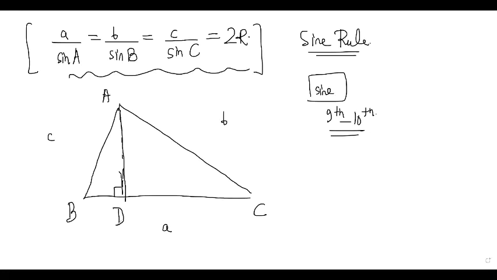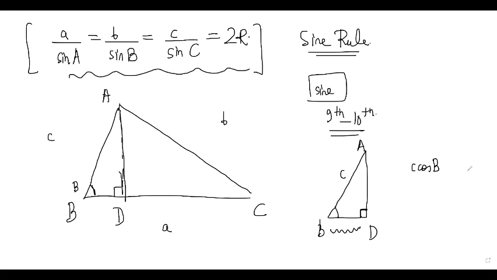Let's label this point as D. Now, this angle, notice, is angle B, and in triangle ABD, notice that there is a smaller triangle as a part of the big triangle, right? This small triangle is ABD, and it is a 90-degree triangle. Therefore, we can say that BD length will be c cos B.